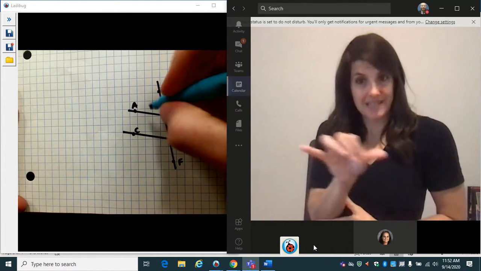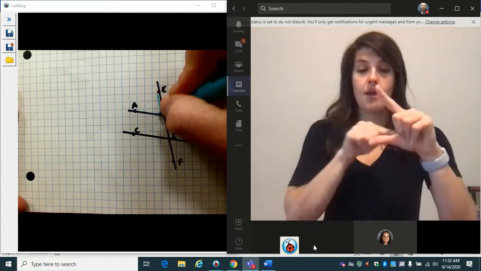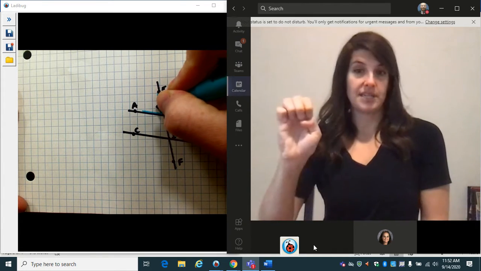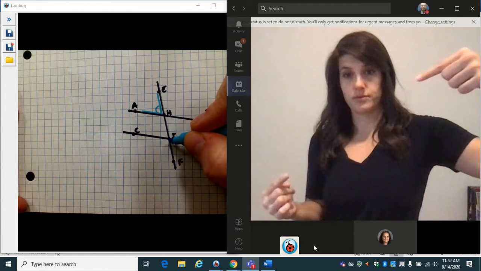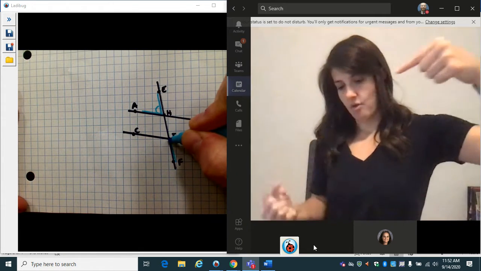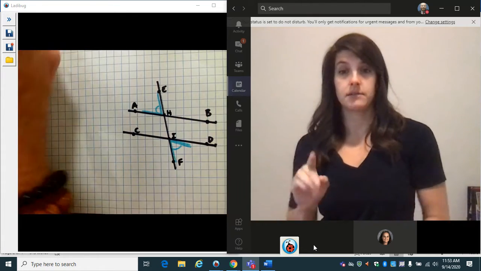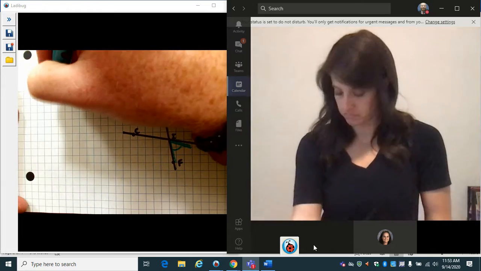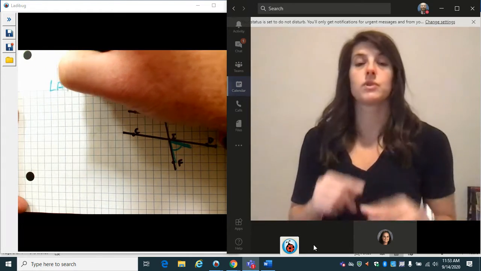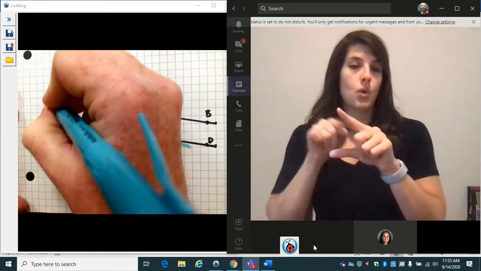So here, angle AHE, this angle, the alternate on the exterior would be angle FID. And these angles should be the same. So let's look at the measurement. We were looking at angle AHE, and we were also looking at angle FID.